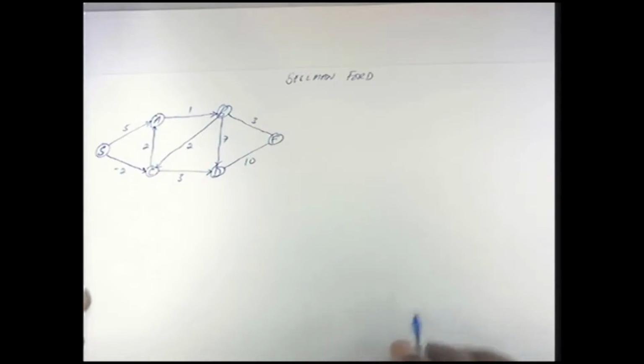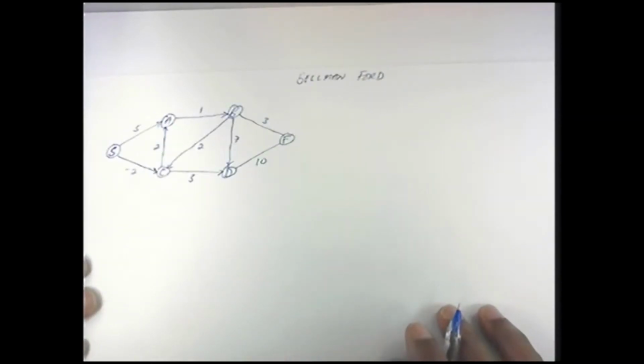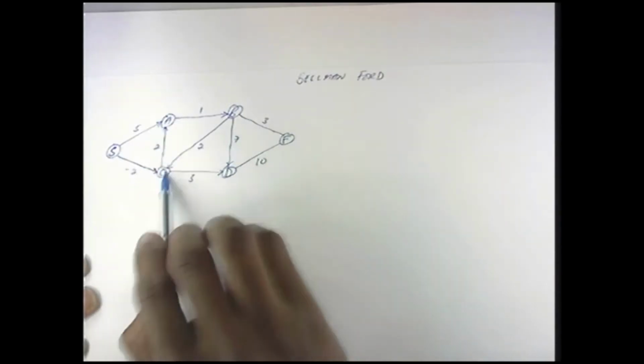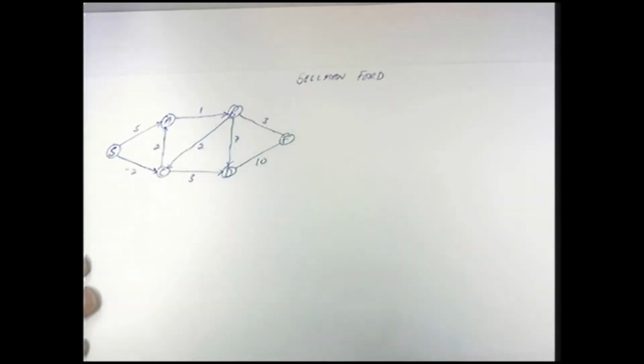Now, with Bellman-Ford, we need to do a number of iterations before coming out with the shortest path and the least cost. Now, to do that, we take note of the number of nodes that we have. So here we have 1, 2, 3, 4, 5, 6 nodes.